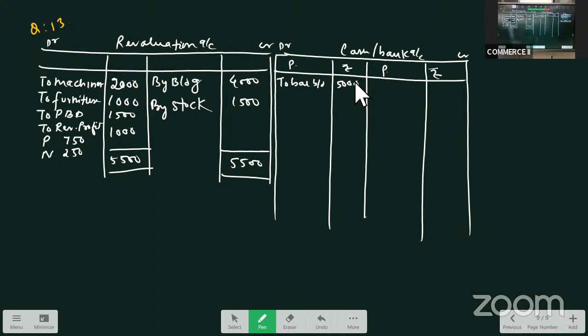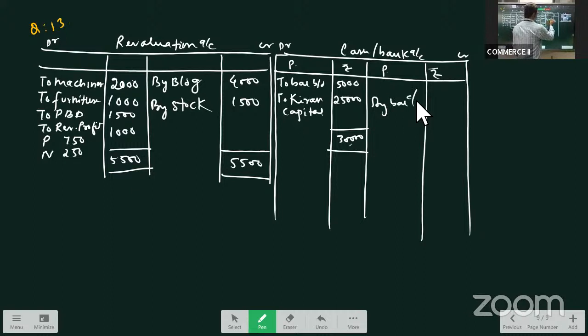And what is the capital introduced? It is 25,000. Kiran is the new partner who had introduced 25,000. And goodwill is not introduced in cash. So we have 30,000 now as the closing bank balance.